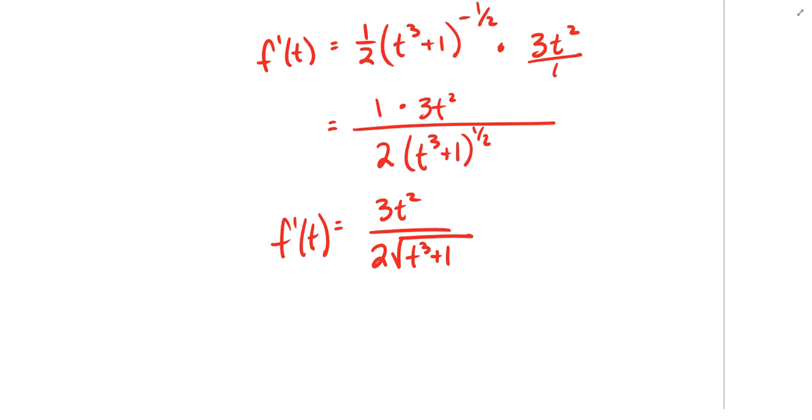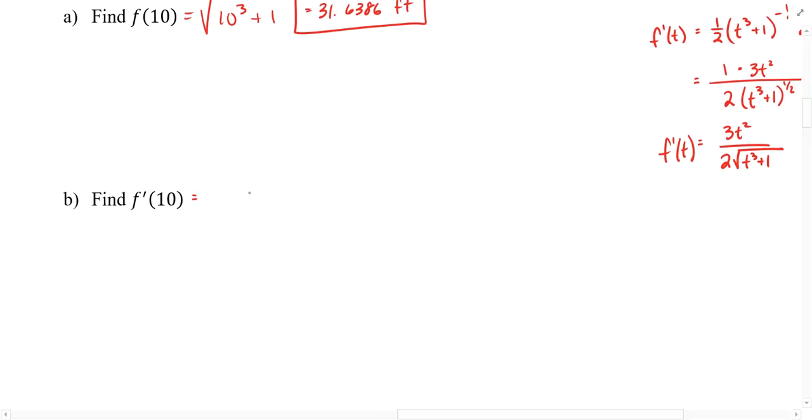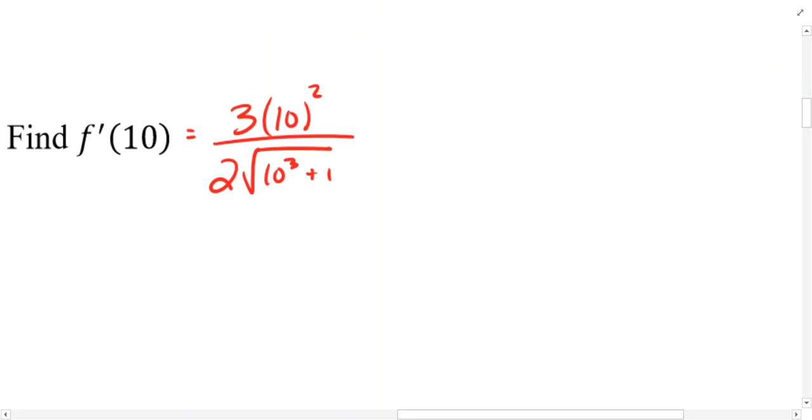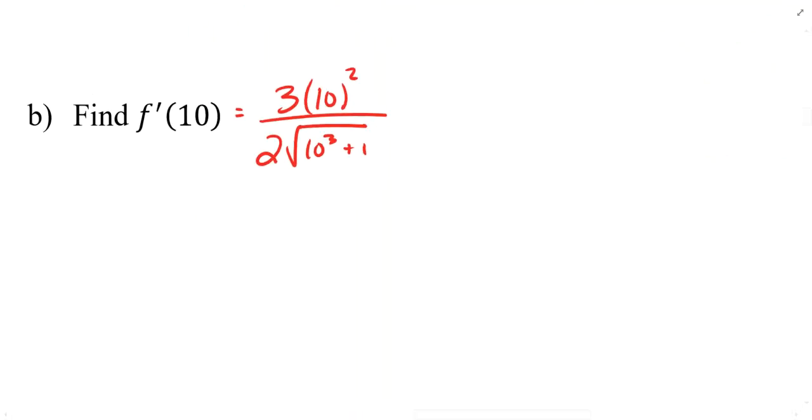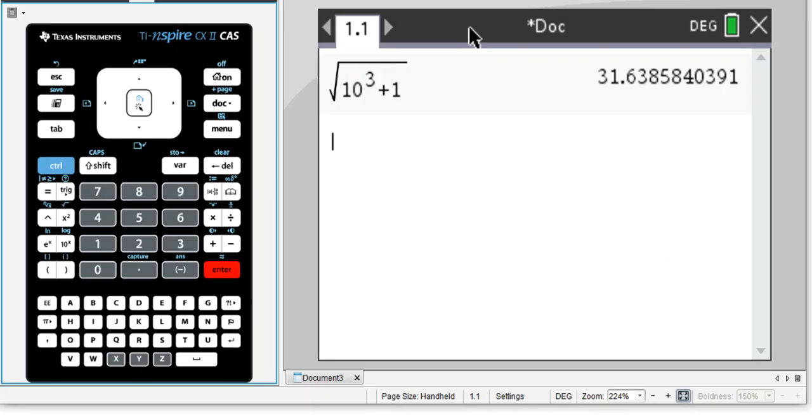So we now have the derivative rule. We can evaluate the derivative of the function at 10. That would simply be 3 times 10 squared divided by 2 times the square root of 10 cubed plus 1. This time I'm not going to bother putting the function into a graphs page to evaluate it. There's no real need for that since there aren't any additional problems associated with that function.